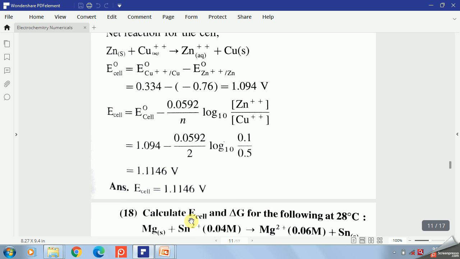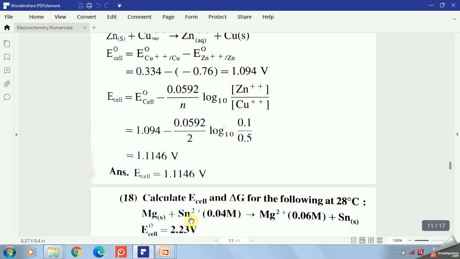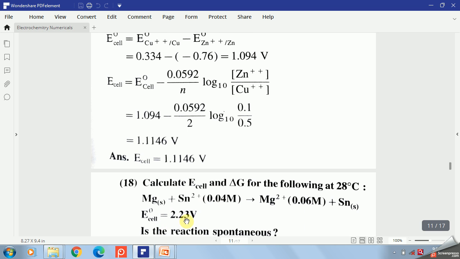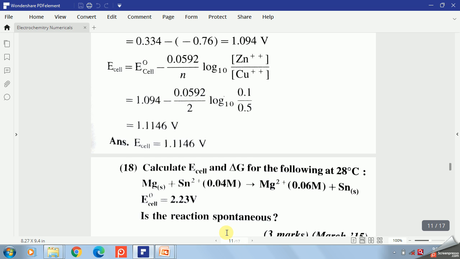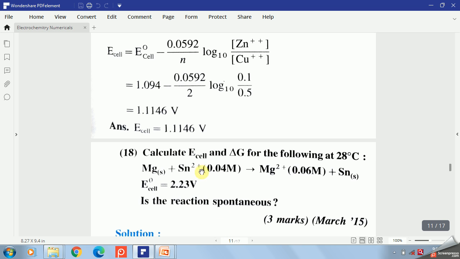The next numerical is: calculate E cell and delta G for the following at 28 degrees centigrade. Reaction given: Mg solid plus Sn2+ molarity 0.04 gives Mg2+ molarity 0.06 molar plus Sn solid. Standard reduction potential of the cell is 2.23 volt, and you have to write whether the reaction is spontaneous.